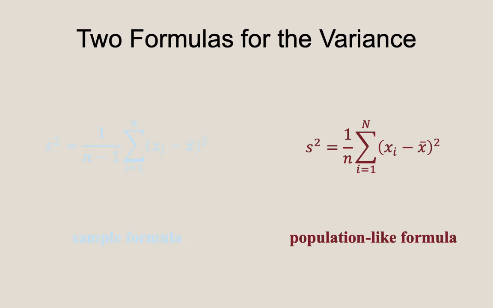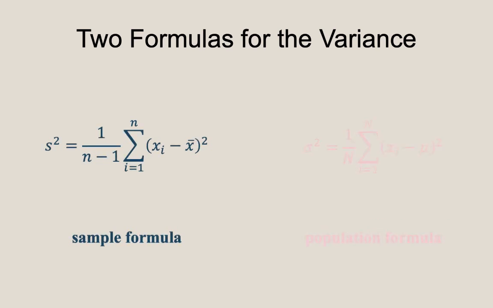But here's where the mathematics works in our favor. Though I won't go into the proof of why this is true here, you just have to trust me on this for now. If I redefine the variance for a sample using x bar for the sample mean instead of mu the population mean, and if I divide by a slightly smaller number, 1 less than the sample size, n minus 1, then I obtain this formula.